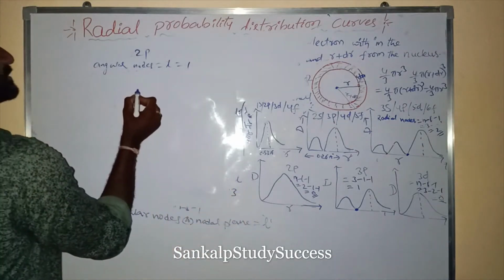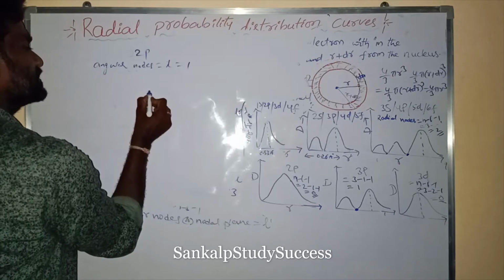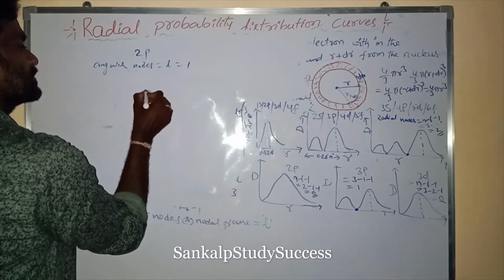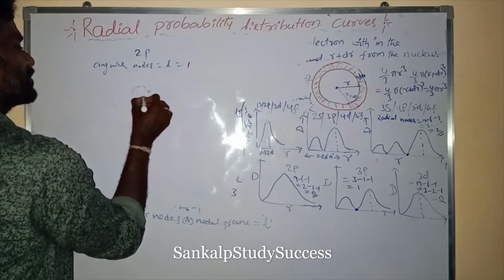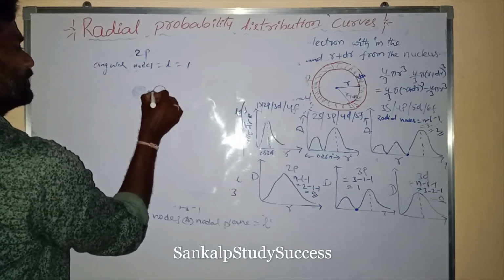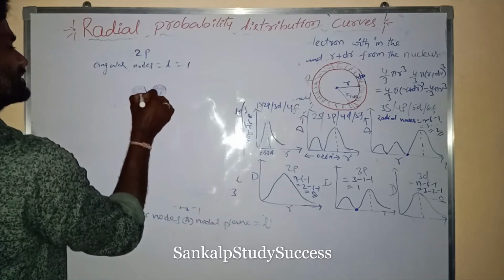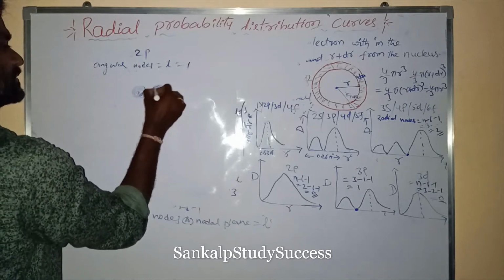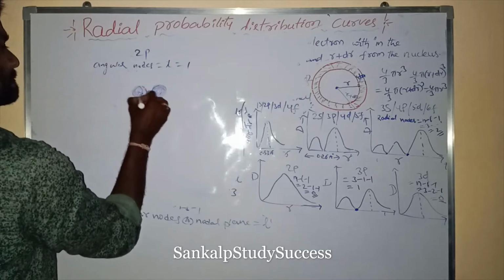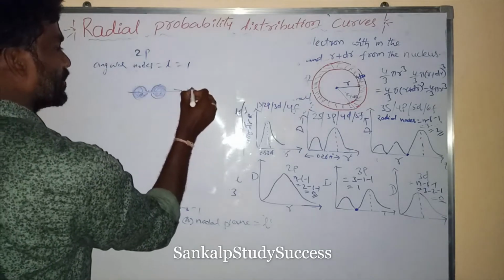Now this is the p orbital. This is the nucleus. Here the electron can revolve around the nucleus in two lobes. These two lobes are present on the x-axis.